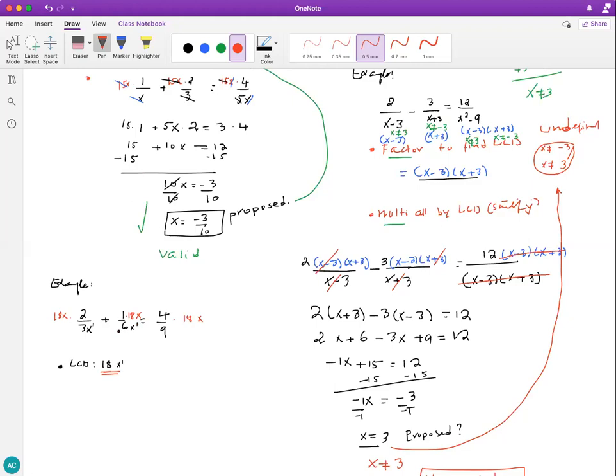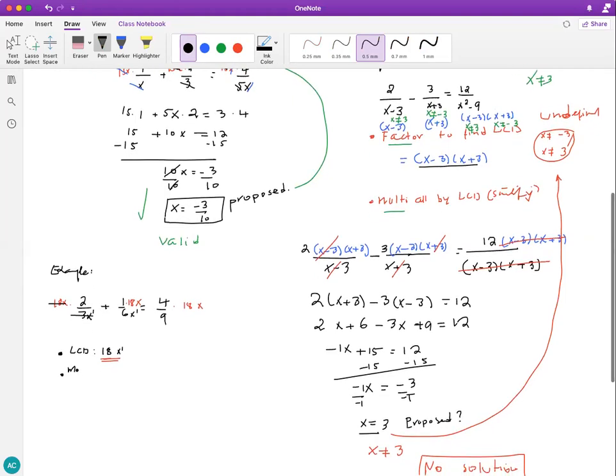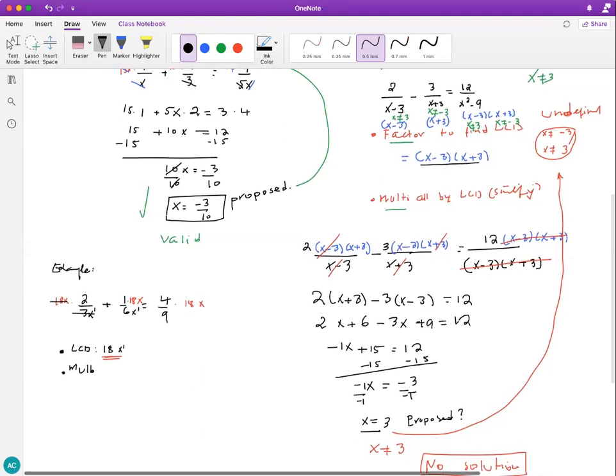So now let's cancel out. What is 18x divided by 3x? Multiply and simplify. Here 18 by 3 is 6, and the x's cancel out, then times these two, 12.